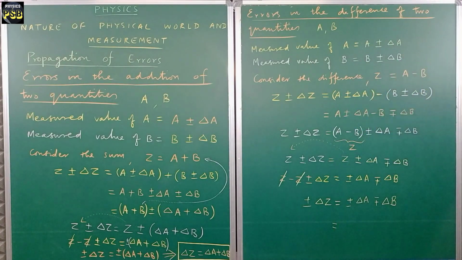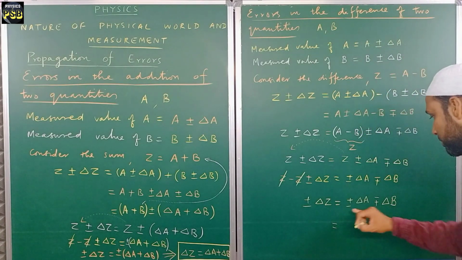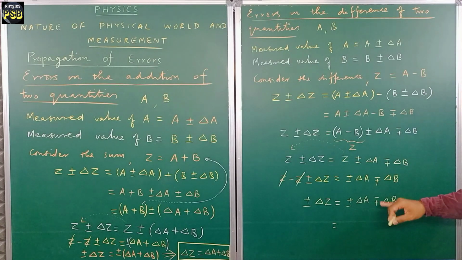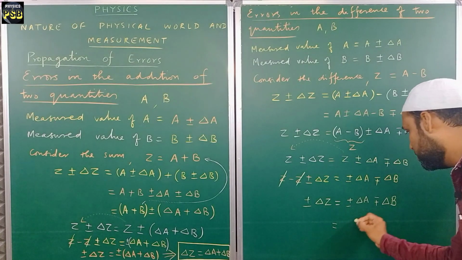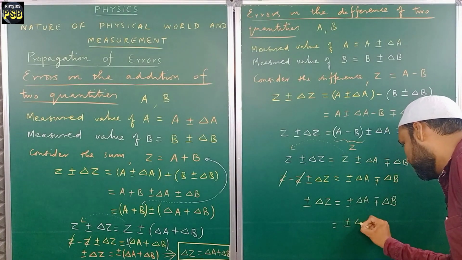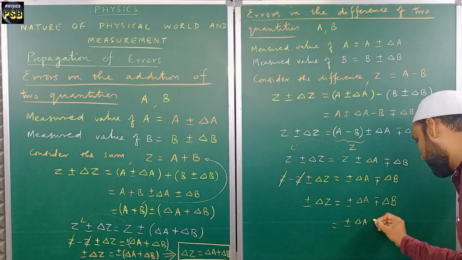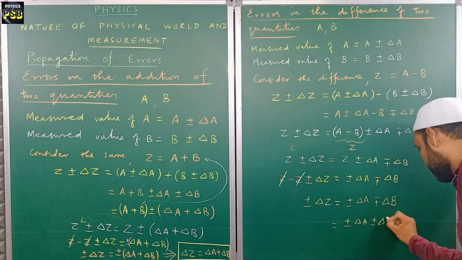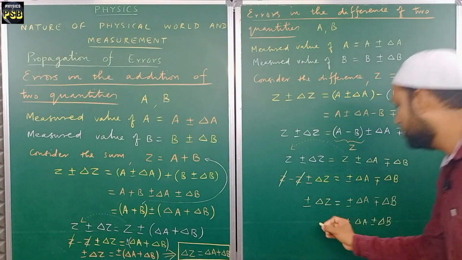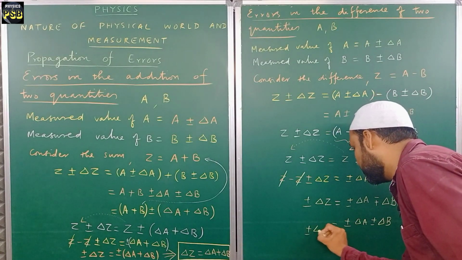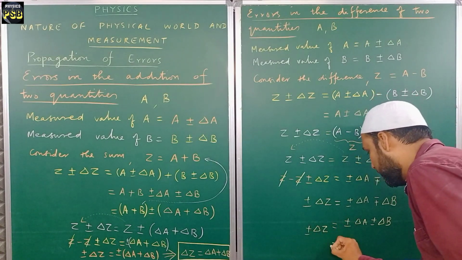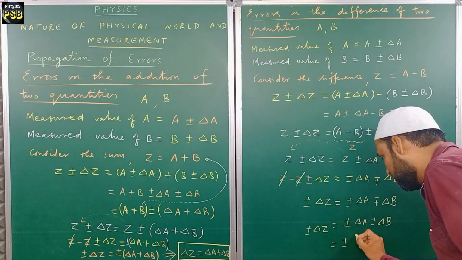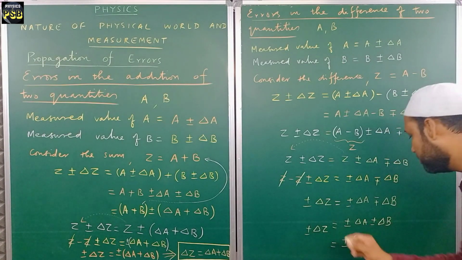Understand? Now, see here, whether I write a plus or minus or plus, that is not going to make a big difference. Both are same only. So I write it this way: plus or minus delta A plus or minus delta B, because both are same. So this side plus or minus delta Z. Now, I take out this symbol common.